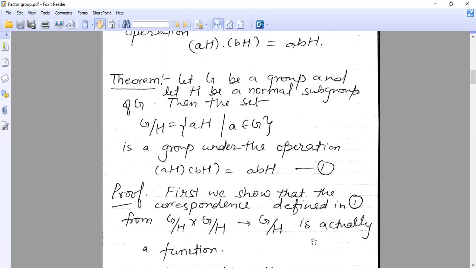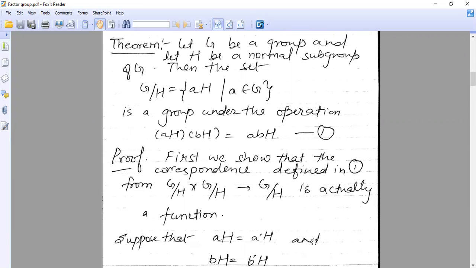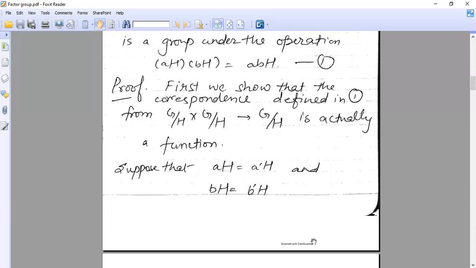So we are going to prove that this binary operation is basically a function, and it is a well-defined function. So this correspondence defined in one is actually a well-defined function.